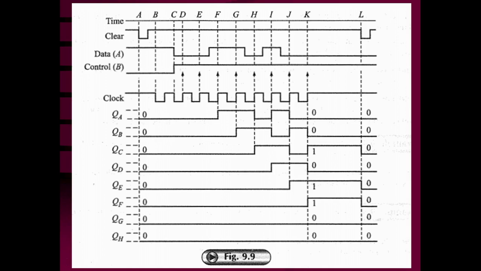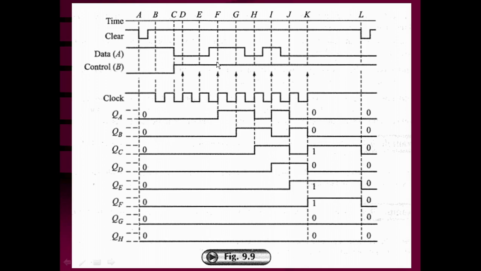Starting from the instant of time D, where the first positive clock transition takes place, the first data bit 0 is going to be entered into the shift register. This 0 will be entered into the first flip-flop here. Again at the instant of time E, another 0 of the data is going to be entered on the positive transition of the clock pulse.